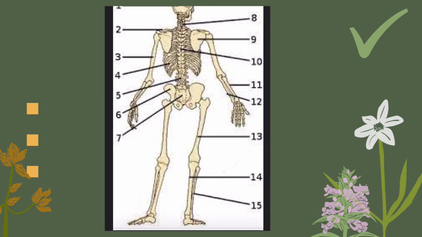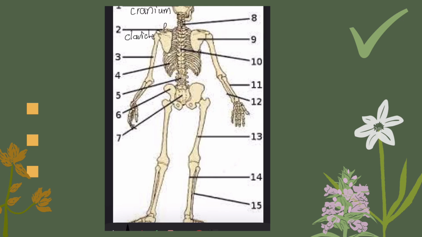Let's do a quick quiz and see if we can answer the following. Okay, number 1, we see that this is our cranium. Good. Number 2, we see that this is our clavicle, because it's pointing to the front. Number 3 we see is the humerus. Good.